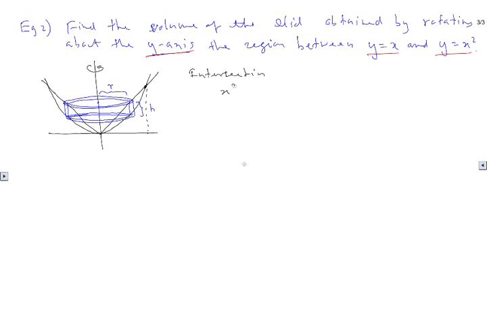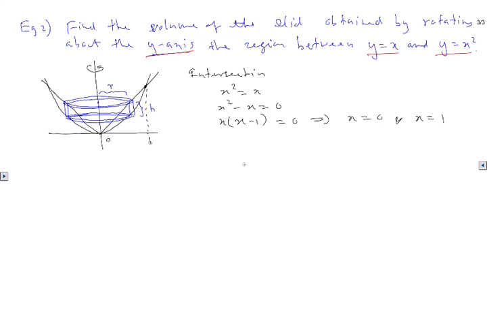Set them equal: x squared equals x, so x squared minus x equals 0, x times (x minus 1) equals 0. This says that x equals 0 and x equals 1. Those are the two values, so that's going to give you the integration limits.